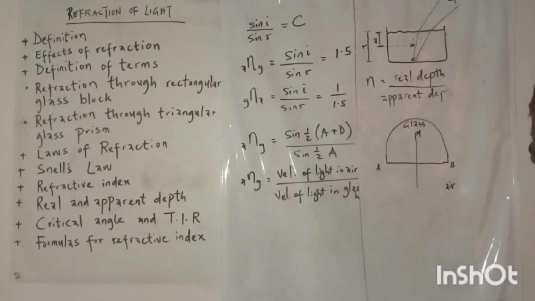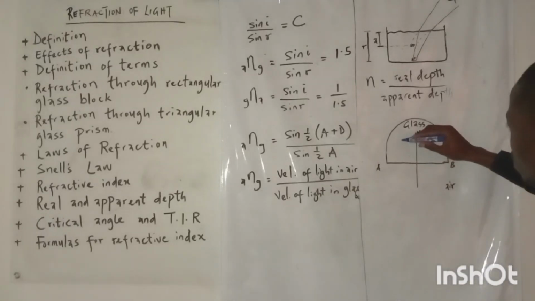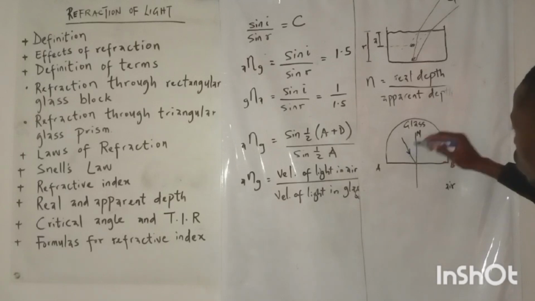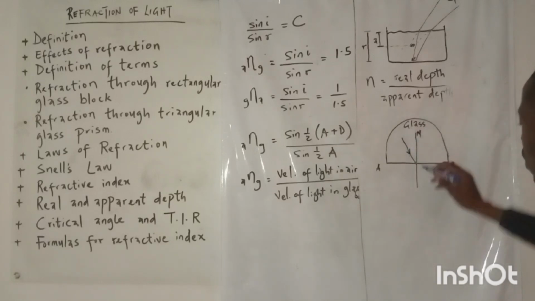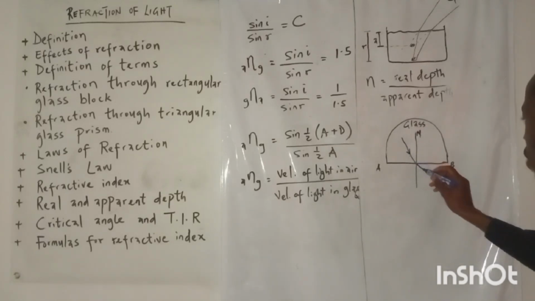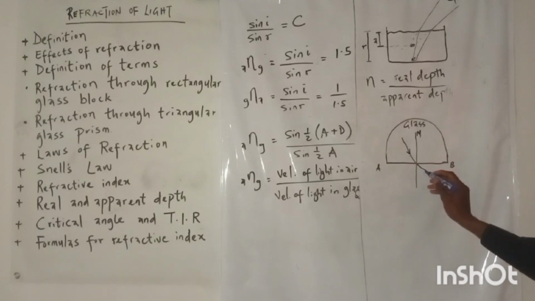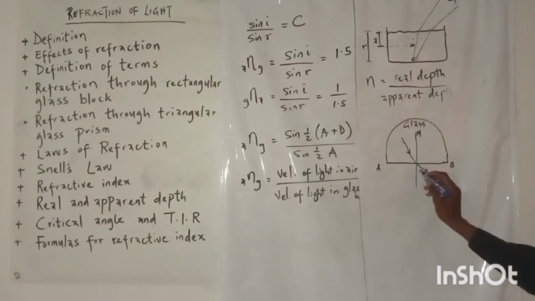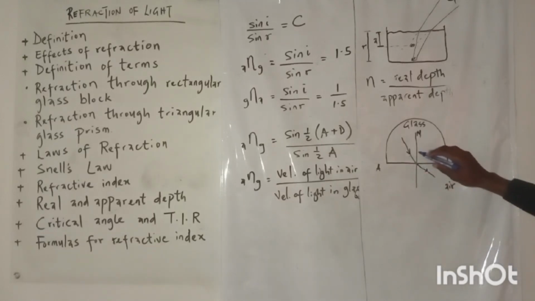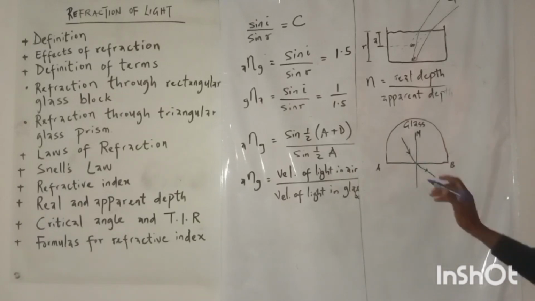So you know that if light travels from glass, at the boundary it will bend. And remember that it will bend away from the normal, because the angle in the denser medium will be smaller than the angle in the less dense medium.